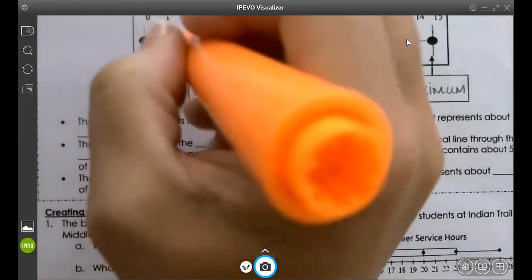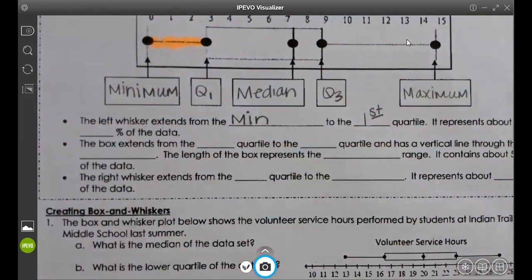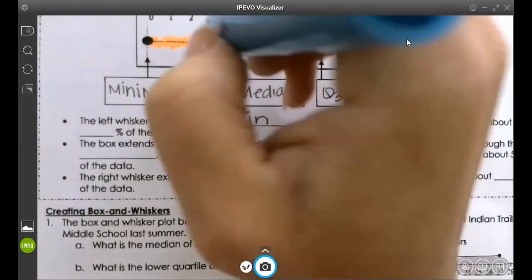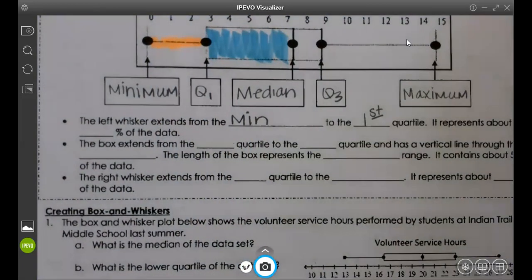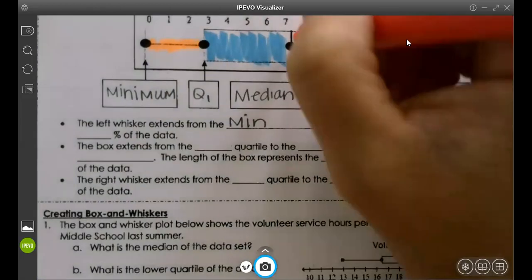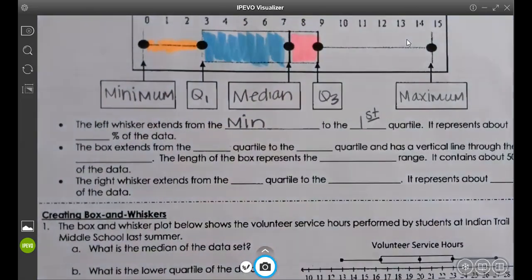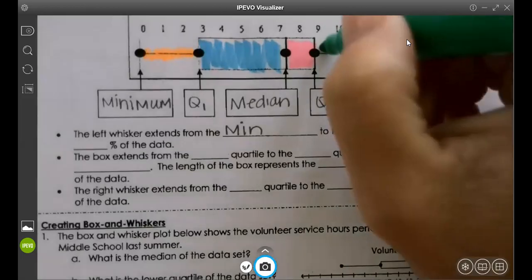This is one section from dot to dot. This is a section from dot to dot. This section from dot to dot. And that very last section right here.